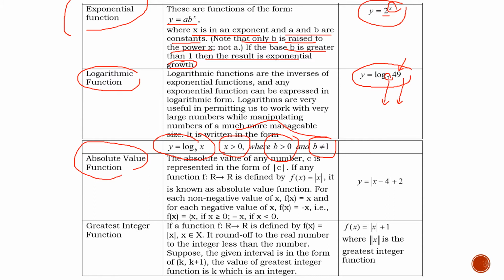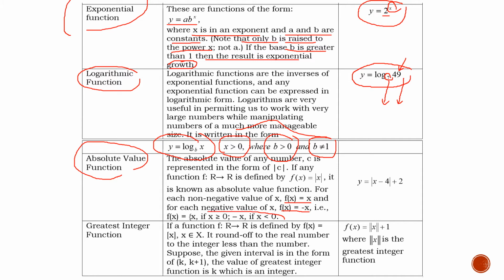For each non-negative value of x, f of x is equal to x, and for each negative value of x, f of x is equal to negative x. So this will be a negative value of f of x and a positive value of f of x. For example, f of x is x if x is greater than or equal to 0, and negative x if x is less than 0.